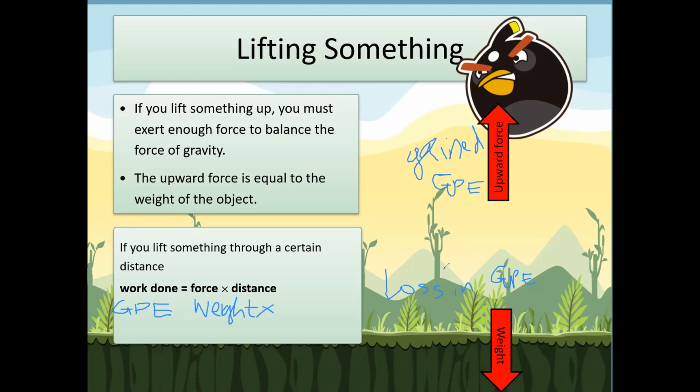But here, the distance is upwards. Anytime something moves up, it gains height. So instead of distance, we're going to write height. They are the same thing, but a height is a special form of distance where the object moves upwards.